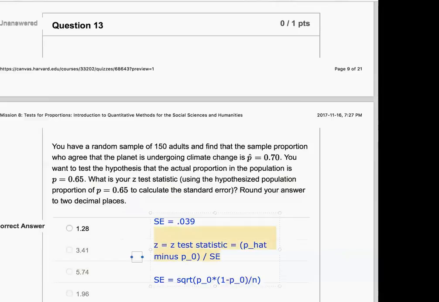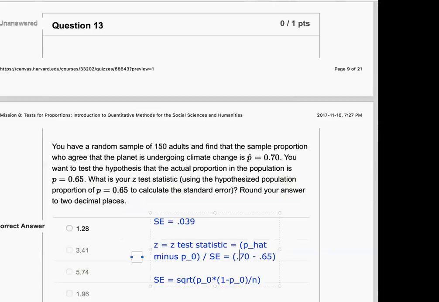But the main point here, the innovation you didn't see in the earlier assignments, is the z-test statistic. In this case, it's 0.70 minus 0.65, so it's the difference between p naught and p hat.